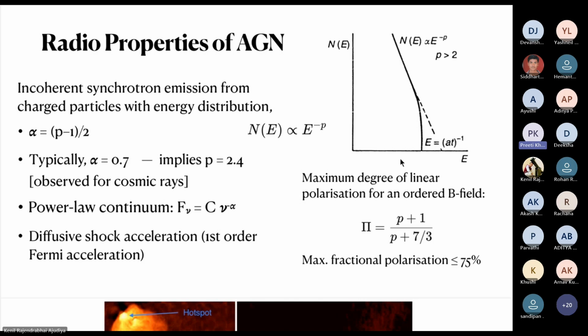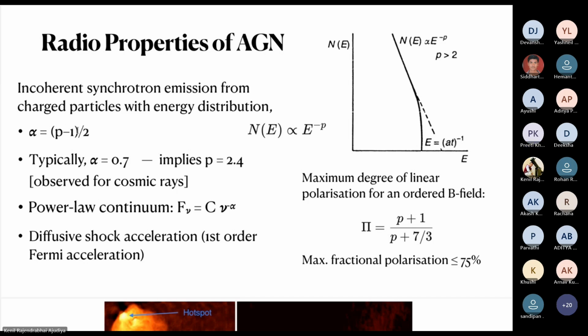The number of particles with energy E is proportional to E to the power of minus p. And this p, the electron, or rather charged particle, energy slope, is related to alpha by the relation alpha equals (p minus 1) divided by 2.